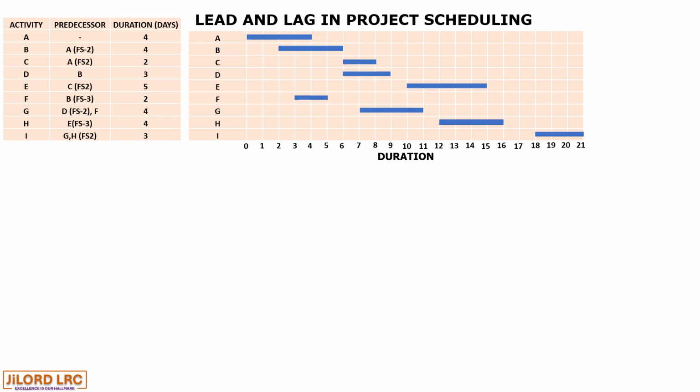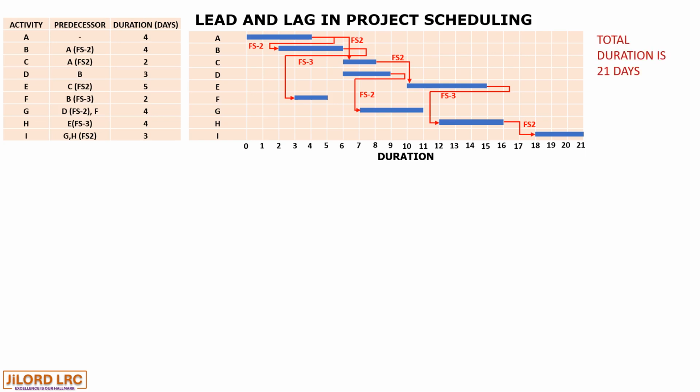So let's draw the relationship, the finish to start lead and lag relationship. So our relationships have been drawn, and it looks as what we are seeing, with a total duration of 21 days.